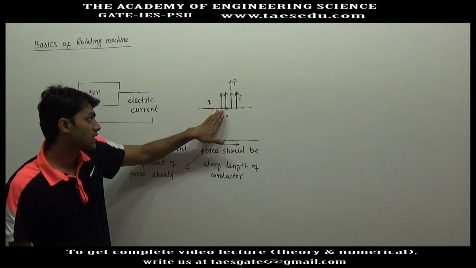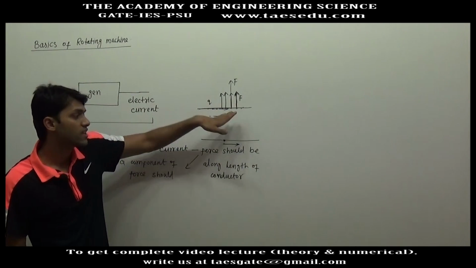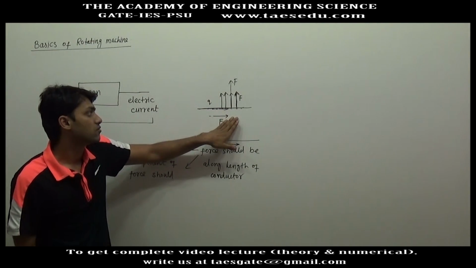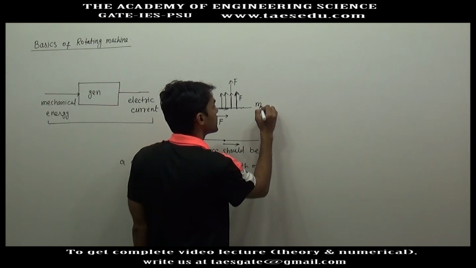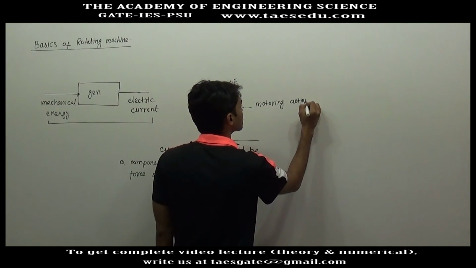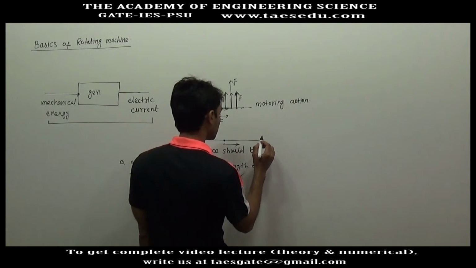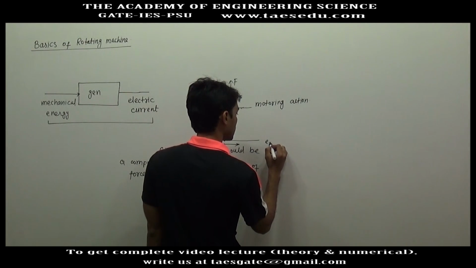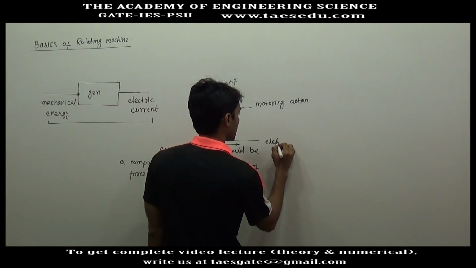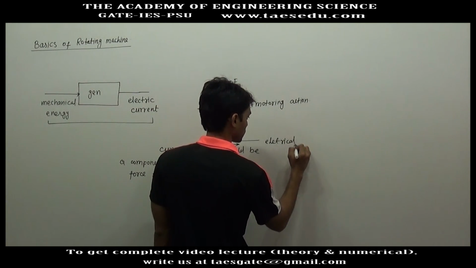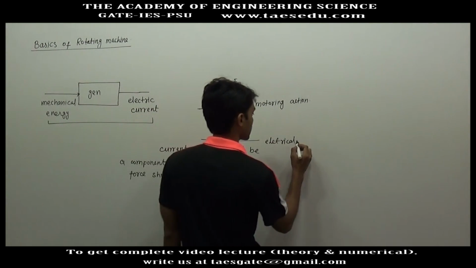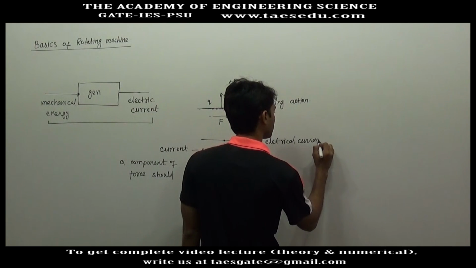And if this conductor is put on a frame, the whole frame will feel a mechanical force. So this will be a motoring action. And here you will have generating action, or you will have electrical current.